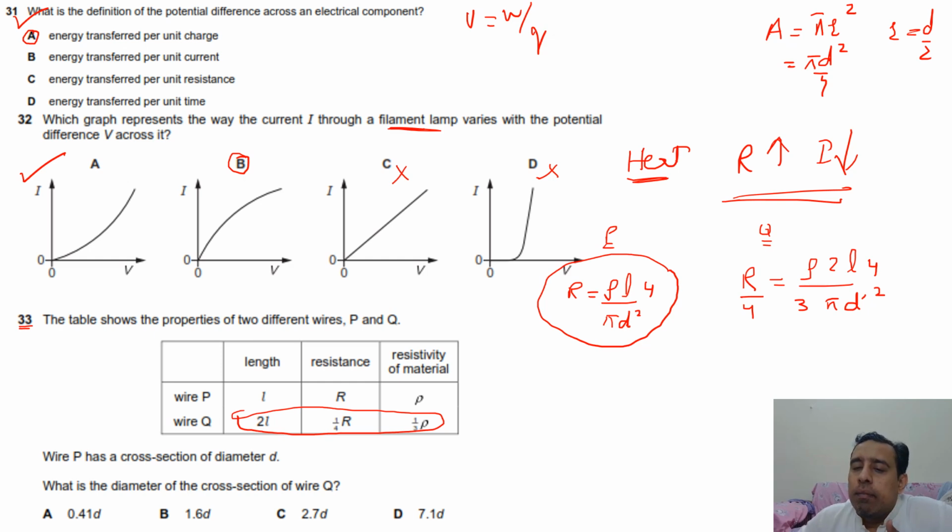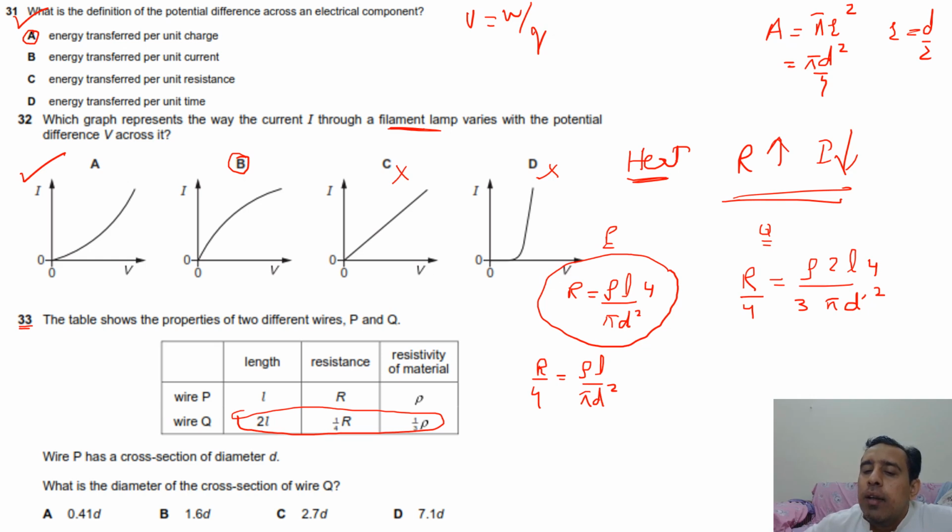If we put this value of R over here, or just compare these two by any means. Look at here. If we may write it as R by 4, this R by 4 is equal to rho L over pi D square. So the left sides are equal, you may compare the right sides.